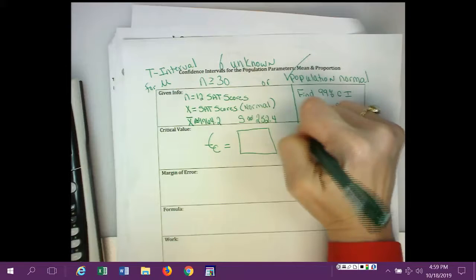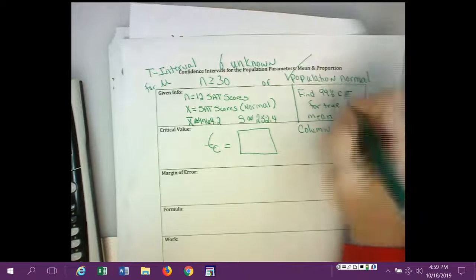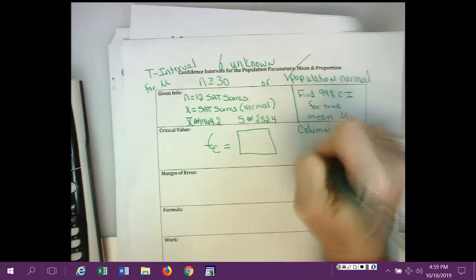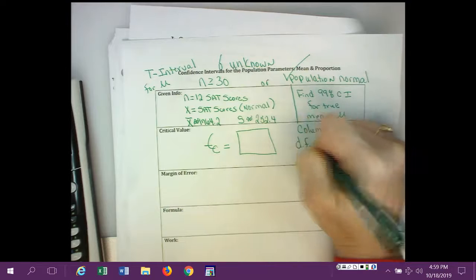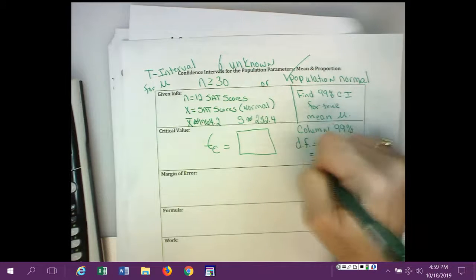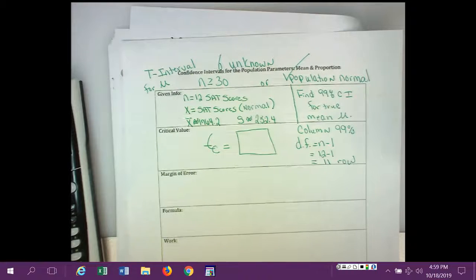We need to go to the column which indicates the degree of confidence, and we are 99% confident, they tell us, and then we need degrees of freedom. So this is going to be 12 minus 1, or row 11. When you go to your T table, block off row 11, not row 12, and go to column 99%.